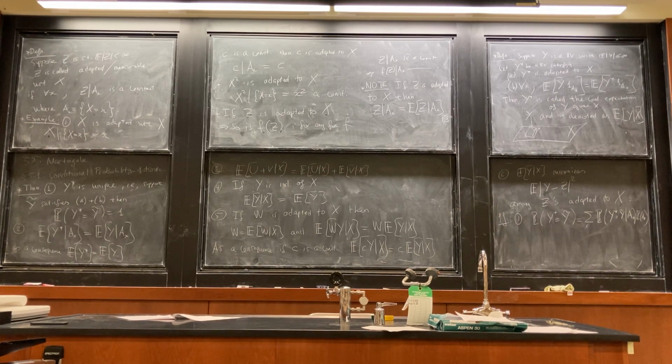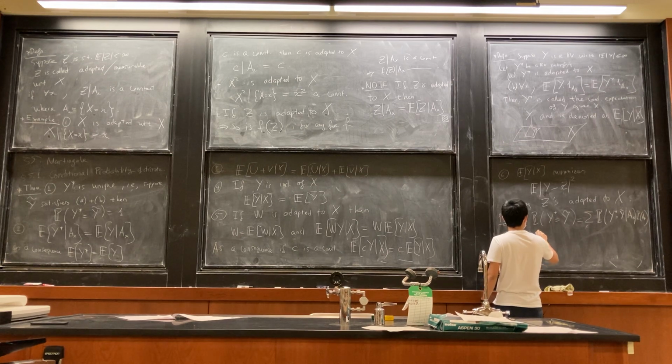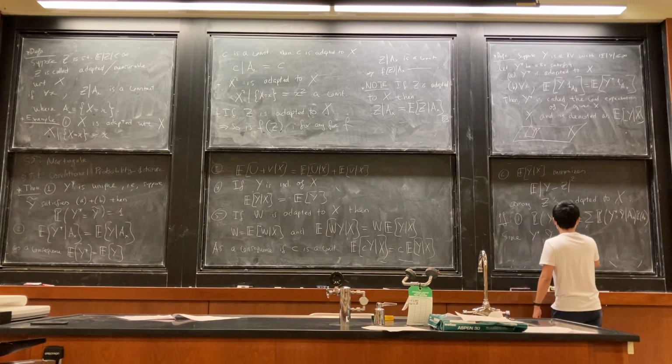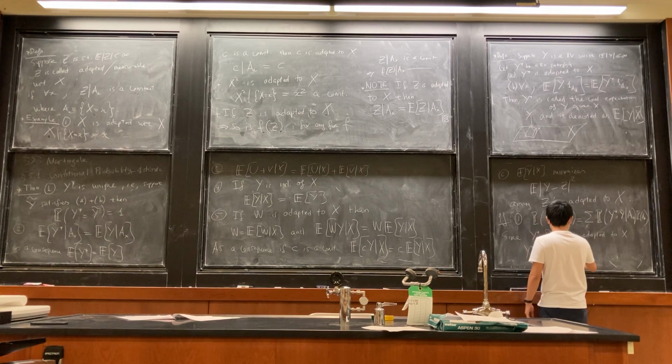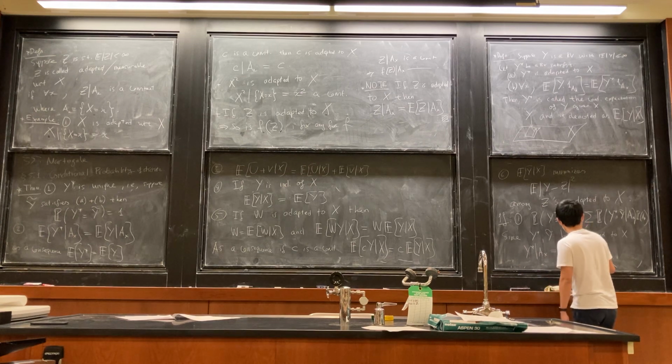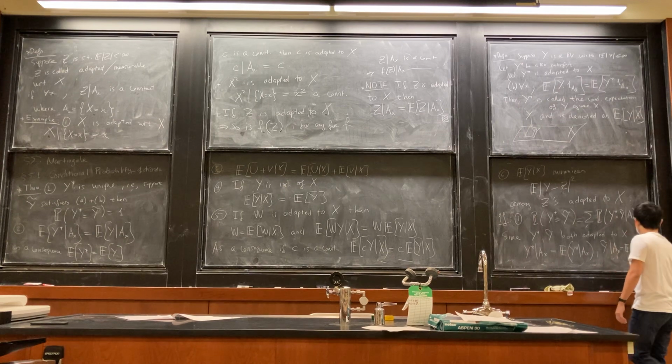Because y star and y twiddle are both adapted to x, y star conditioned on x is equal to a constant, so y star is just a constant. And y twiddle conditioned on x is the same as y twiddle, just a constant.